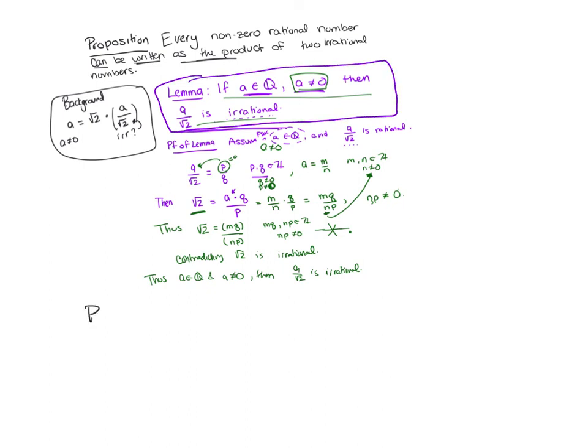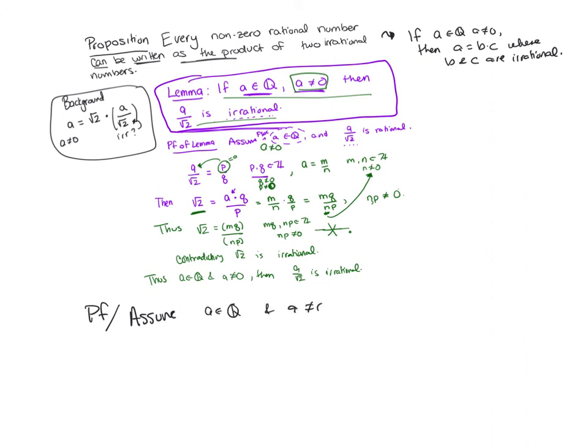So now I can go back to the proof of that proposition. Let's go ahead and rewrite this as a conditional. So if a is in Q, a not equal to 0, then a equals, say, b times c, where b and c are irrational. So for this, I'm going to actually do a direct proof. So I'm going to assume a is in Q and a is not equal to 0.